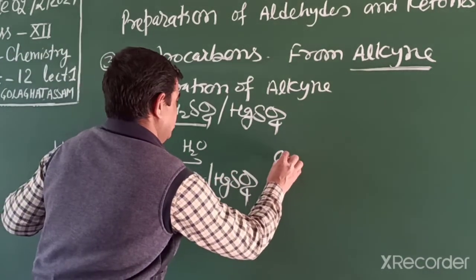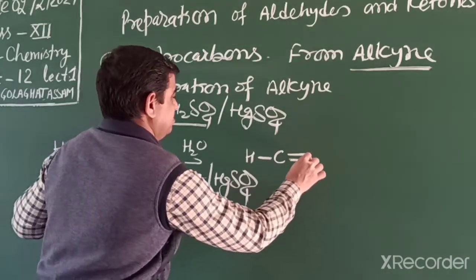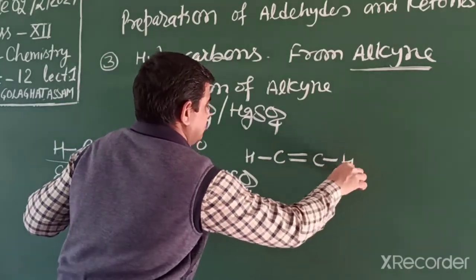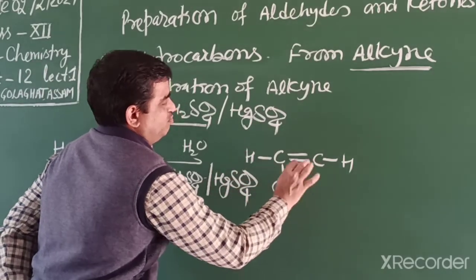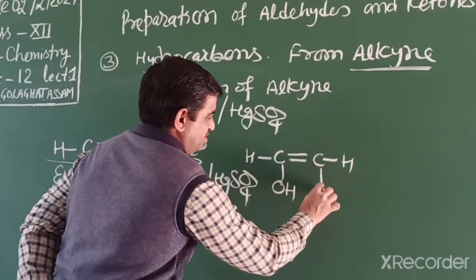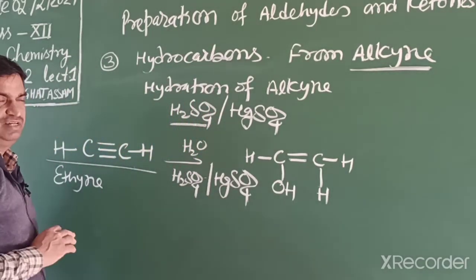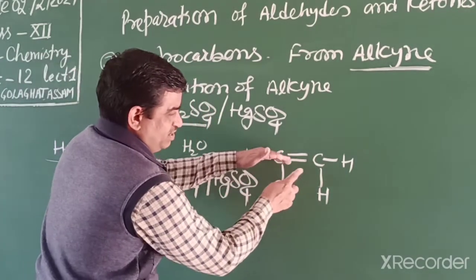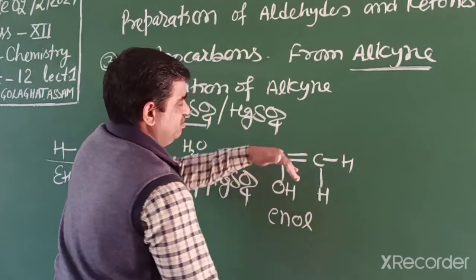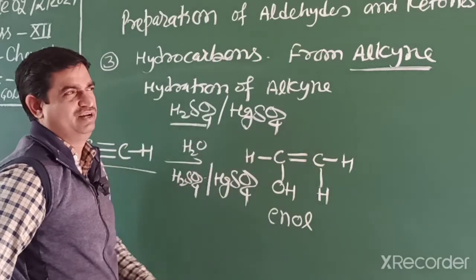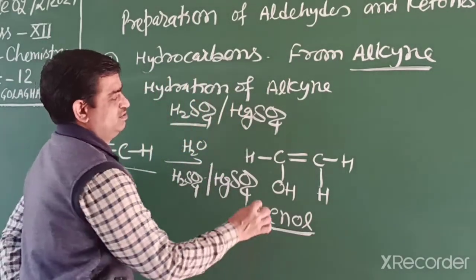So, 1 mole addition, so a double bond remains, the triple bond is reduced by 1 bond only, with 1 mole addition of water. In this way. And further, a particular compound is formed, this is an enol, double bond plus alcohol, an enol compound is formed.